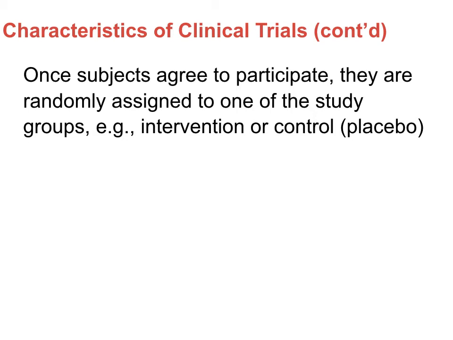Once the participants, the human subjects, agree to participate, they're randomly assigned into one of the groups, either the intervention or control group. There are different ways to randomize, but from my knowledge, this is usually done on a computer to reduce that urge as a researcher to put someone in an intervention group because it's going to be beneficial for them.